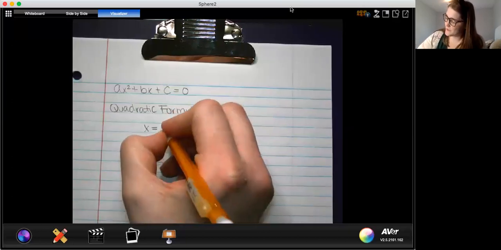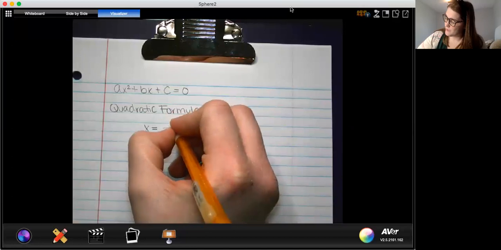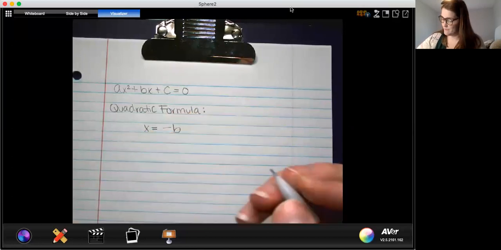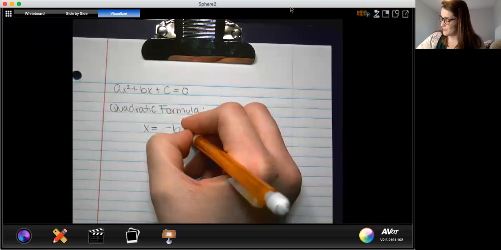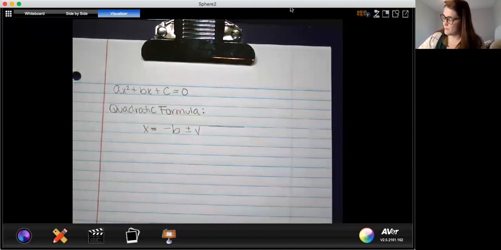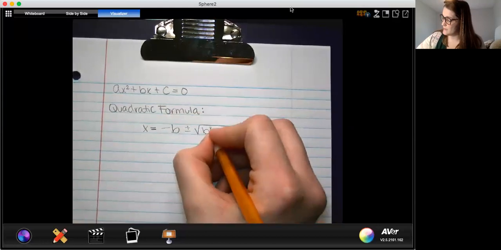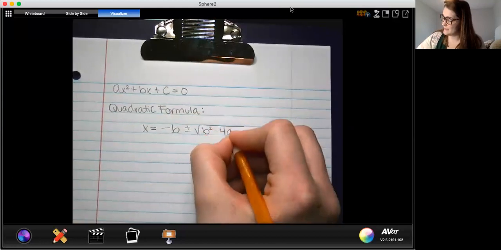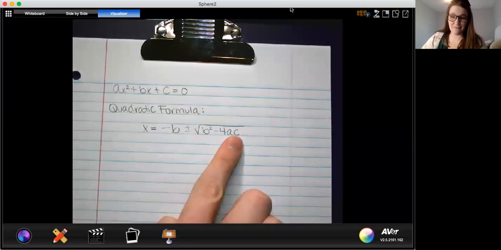So x equals the opposite of b, or negative b, plus or minus the square root of b squared minus 4ac. Hopefully you recognize that from the discriminant.